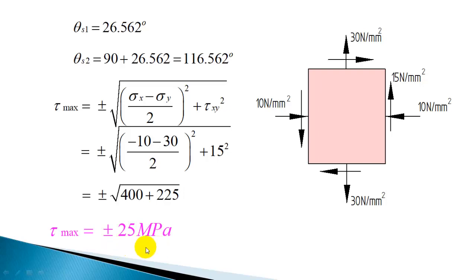So maximum shear stress is plus or minus 25 megapascal. So this is the value of maximum shear stress. Maximum shear stress is 25 megapascal, and these maximum shear stresses are acting on these planes. So we got the maximum shear stress and the planes on which they act.